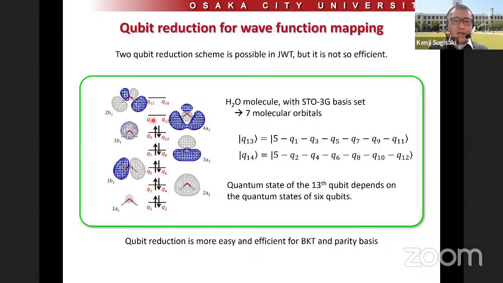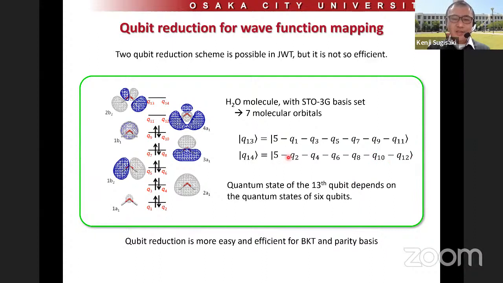And if we think about the spin singlet state, the number of spin up electrons is 5. So the quantum state of Q13 can be written as shown here. Again, the quantum state of Q14 is also written as shown here.